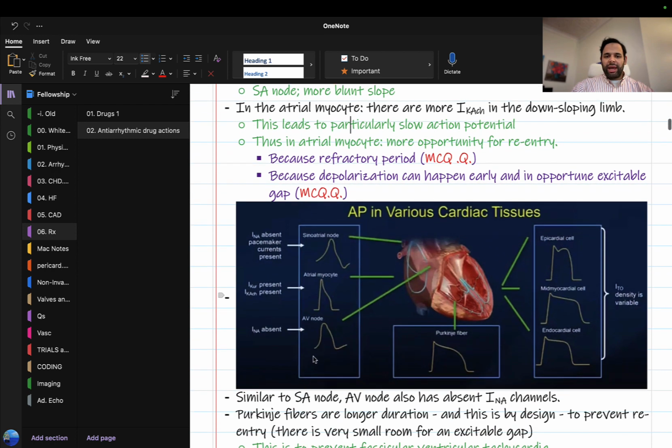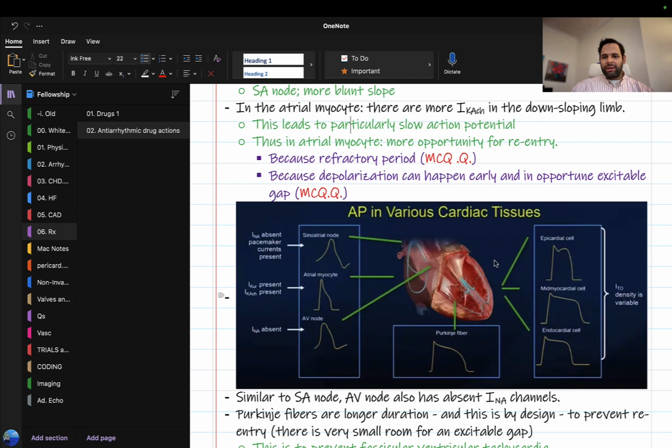And the AV node again works similarly to the SA node, with absent sodium channels. So you should think that class 1 medications will not work all that well on the sinoatrial node and the AV node. And then you see there are different morphologies at the different levels of the myocytes.